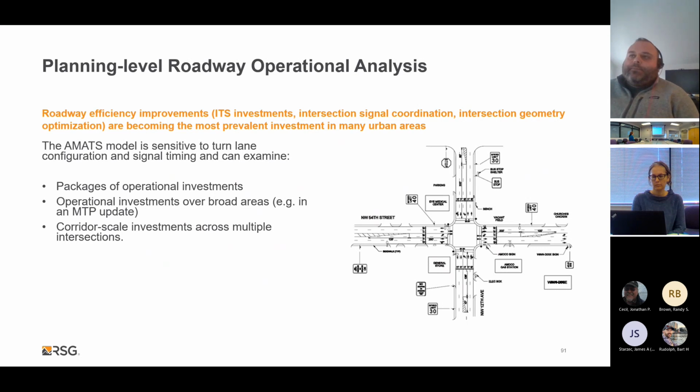So we're looking at ITS investments, intersection signal coordination investments, intersection geometry optimization. And the AMATS model is sensitive to turn lane configuration and signal timing and can examine things like the packages of operational investments over broad areas, such as the MTP update, or even corridor scale investments across multiple intersections.